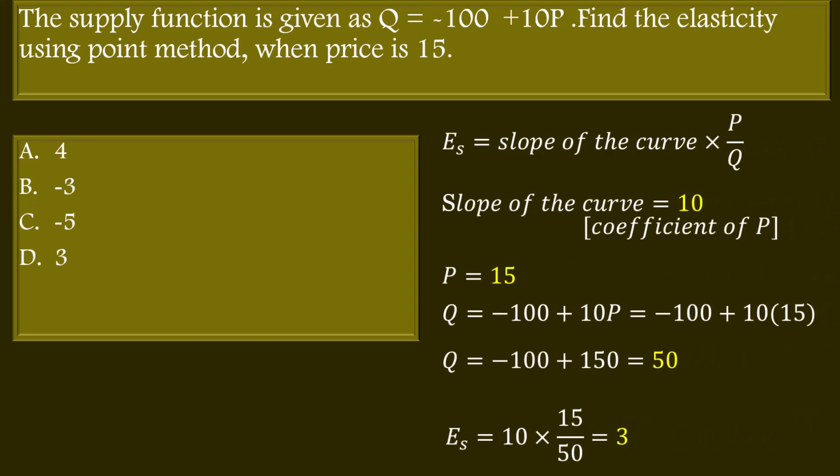Though this question appears to be difficult, in fact it is not so. An equation of supply curve is given. Then the formula we have to use here is elasticity of supply equal to slope of the supply curve multiplied by the ratio of price by quantity. The slope of the supply curve is given in the supply function.